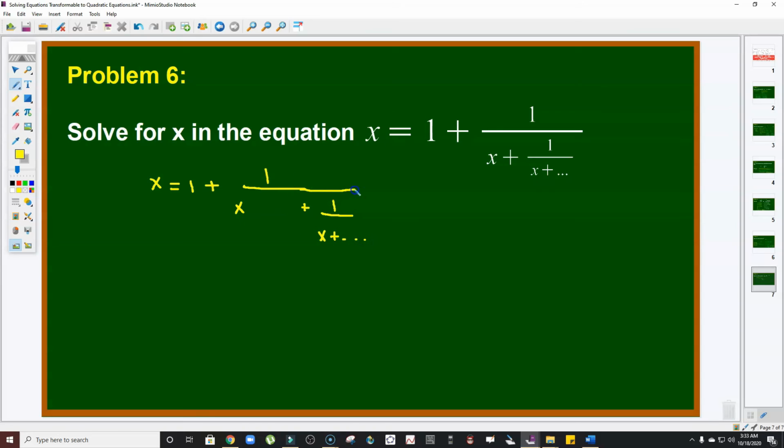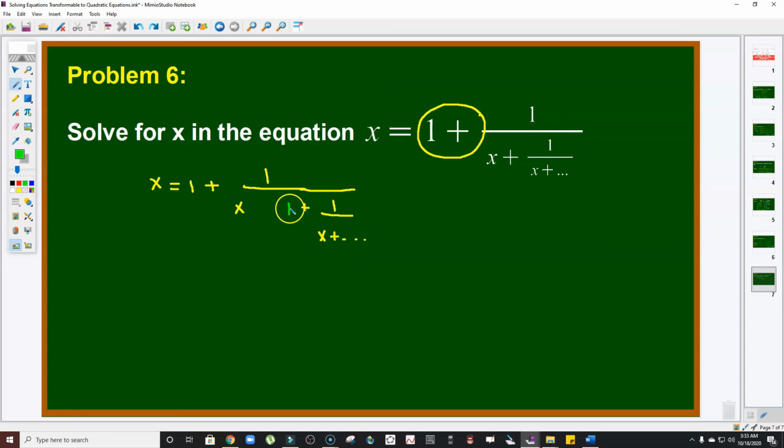Now, if you notice, the way I rewrite it, I put a space. Why? Since I have a plus 1 there, I should also have a 1 plus there, so that this one here will become equal to x. See that? Here, x equals 1 plus that expression.